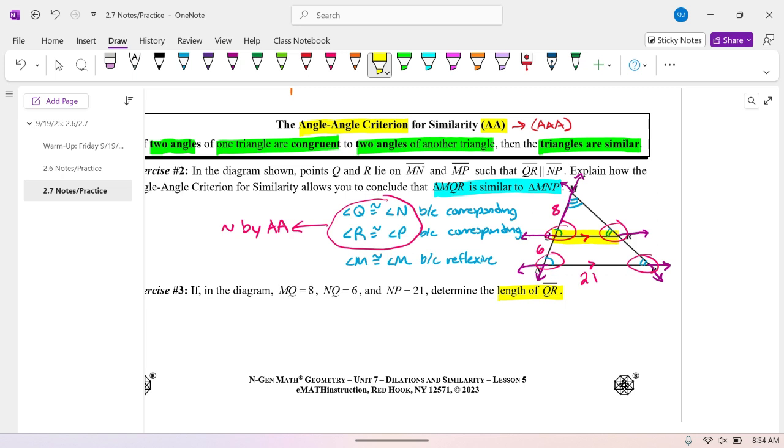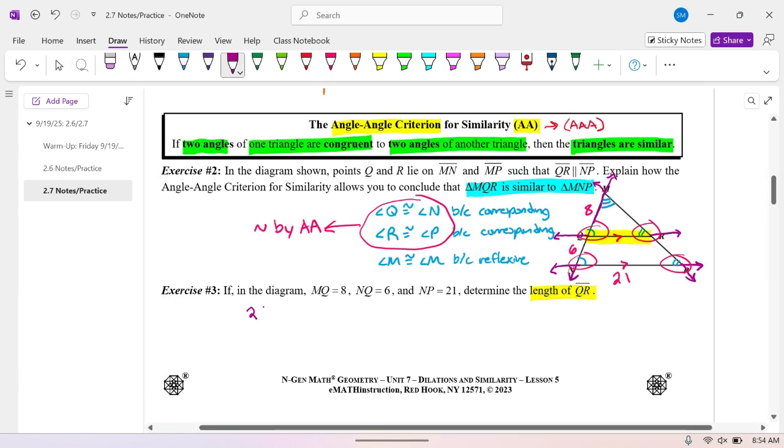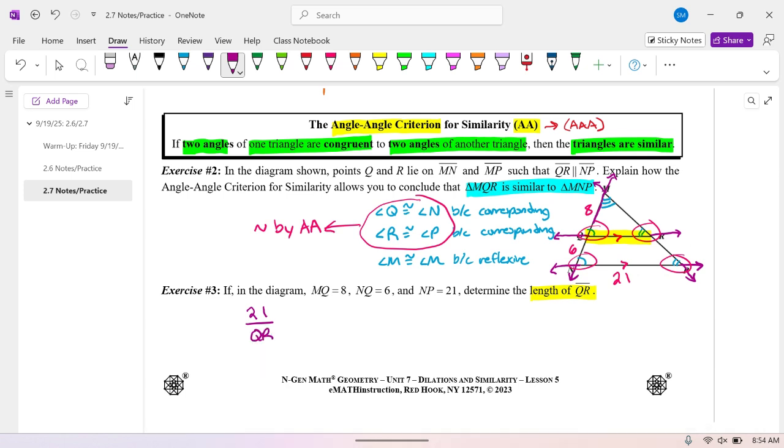Don't get confused, because it's a small triangle here with a big triangle here. These two are still corresponding sides. So that means we could set up, if we did the proportion from new to old, 21 over, let's say, QR.